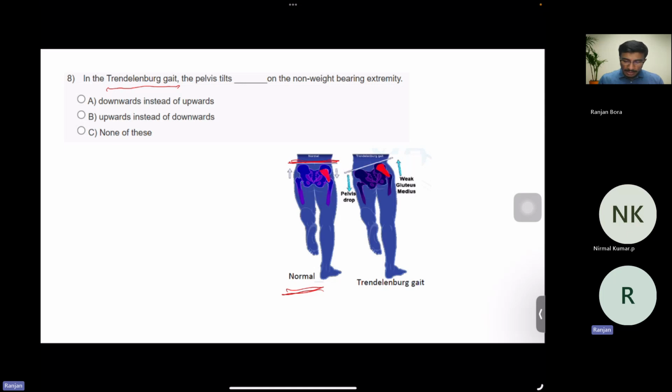And for the case of Trendelenburg gait, the pelvis tilts towards the left side. You can see pelvis drop, and the weak gluteus medius muscles. There is a rise on this side and a drop on the left side. So option A is correct. The pelvis tilts downwards instead of upwards.